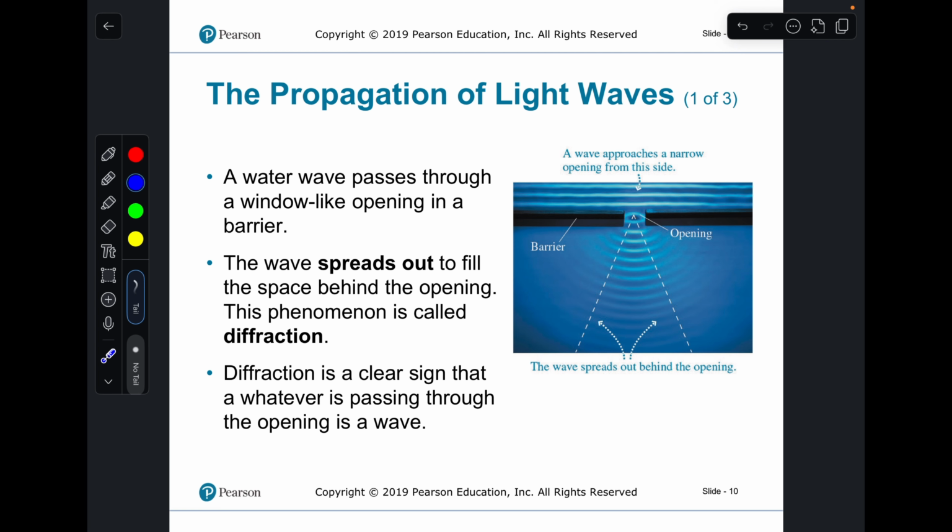And what we see is that if we create a small opening, an opening that is roughly the same width as the wavelength, when we shove the water through the opening, you are going to start to see this curvature appear. This is called diffraction. The spreading out of the waves is called diffraction, and diffraction is a clear sign that whatever is passing through that opening is in fact a wave.